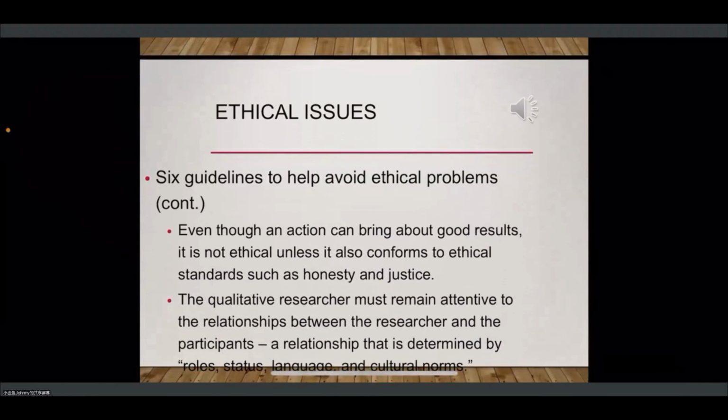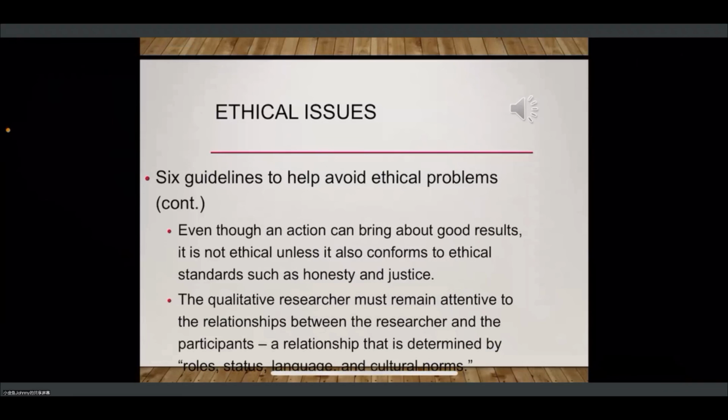Fifth, even though an action can bring about good results, it is not ethical unless it also conforms to ethical standards such as honesty and justice. Sometimes we want to get good results, so we need to use some special ways, but sometimes these ways are not good for the participants.